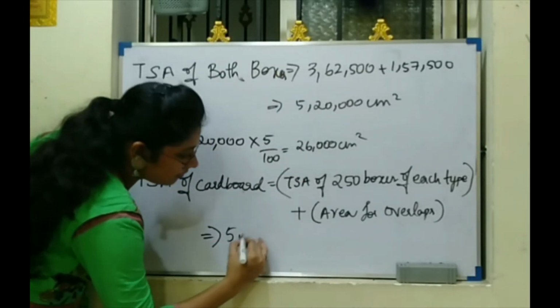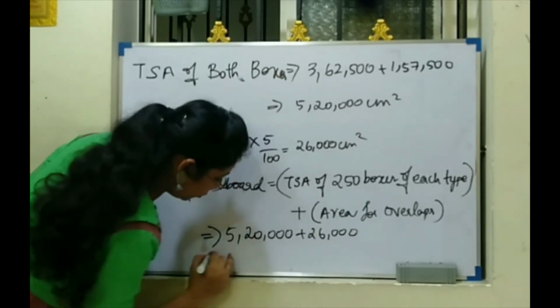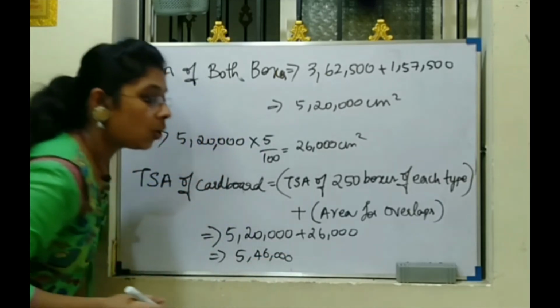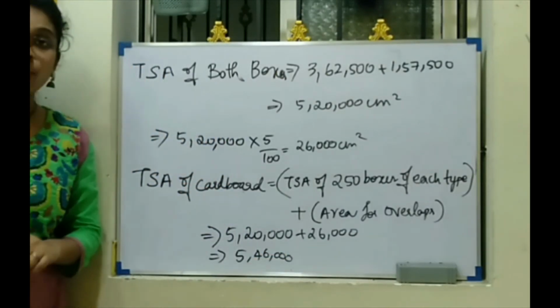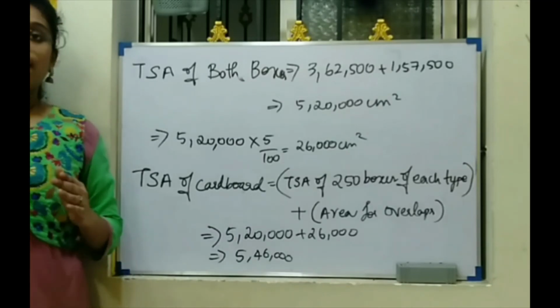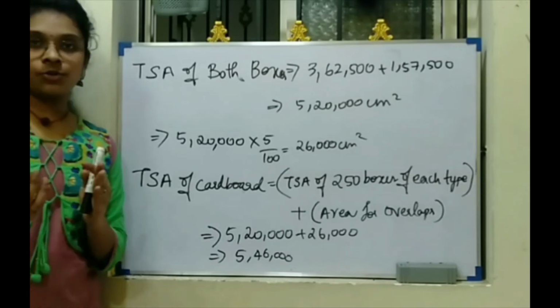That is 520,000 plus 26,000 is equal to 546,000. It is the total surface area of cardboard required. So we need this much cardboard. Now we have to find the cost for 250 boxes. So let's move on to the next step.